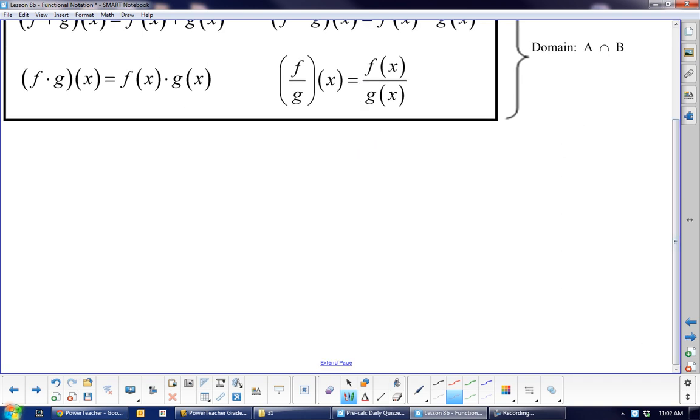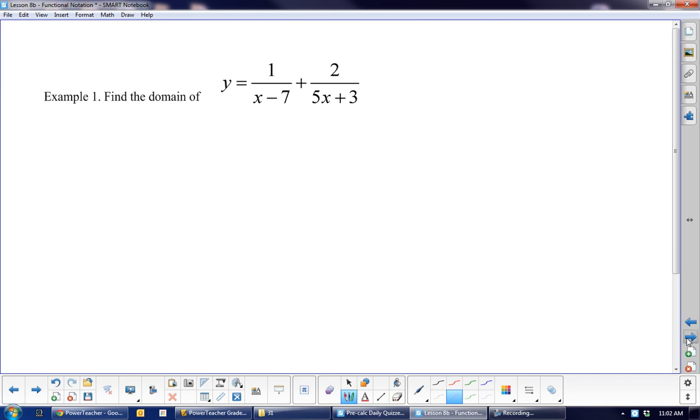So let's do an example here. Okay, so this one, let's just actually say this was f of x, and this was g of x. They may have had their own separate domains, but now the domains affect the entire question.